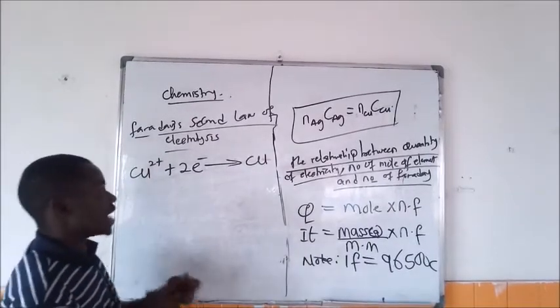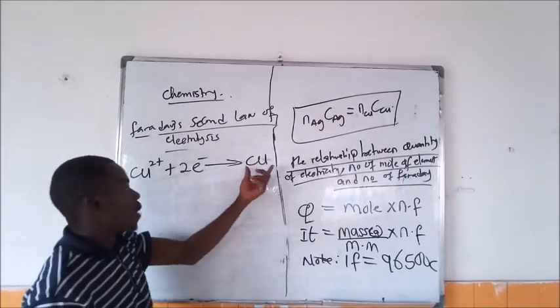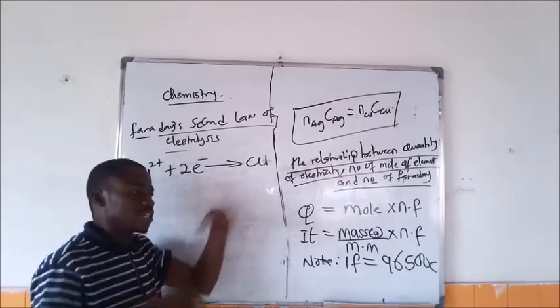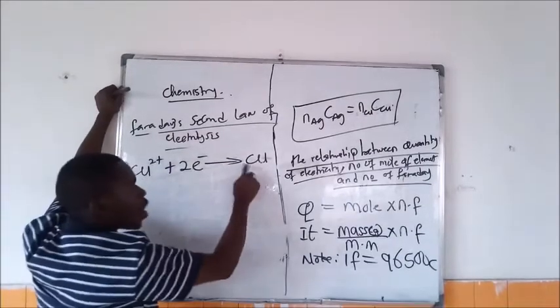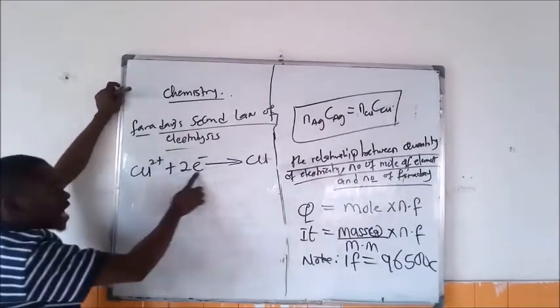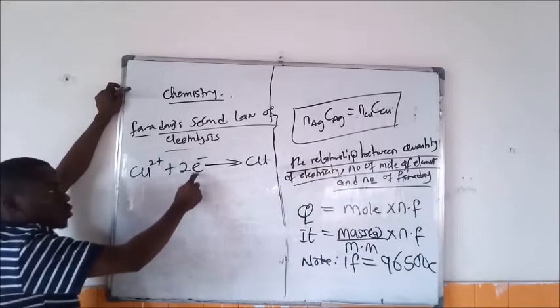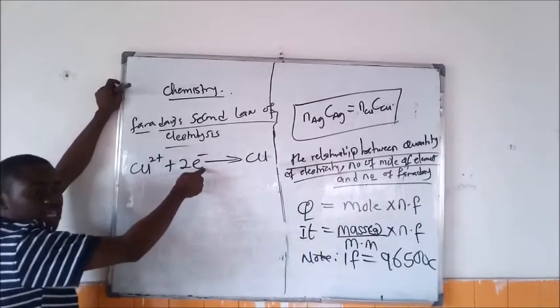That means eventually 1 mole of copper is discharged. For this 1 mole of copper to discharge, it needs 2 mole of electrons.